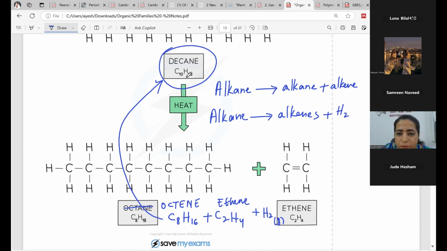Okay, miss. So basically, as we see in this example, decane has been divided into octane and ethene. And in the other example, alkane is also divided into alkene and hydrogen. I got a suggestion, or some kind of smart idea, that we have an alkane and it is divided into alkane and alkene.